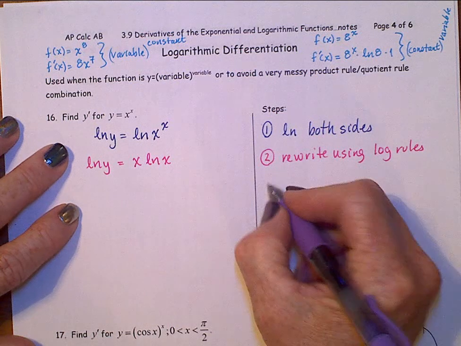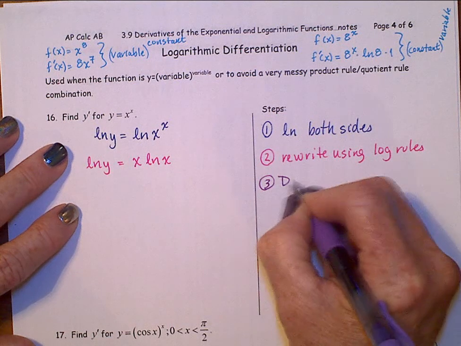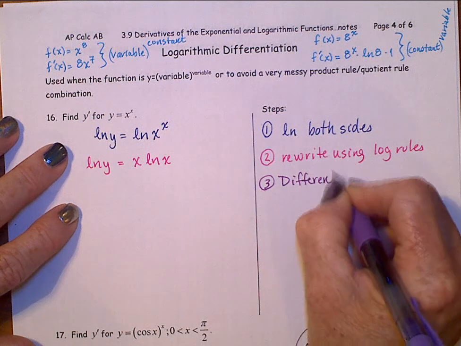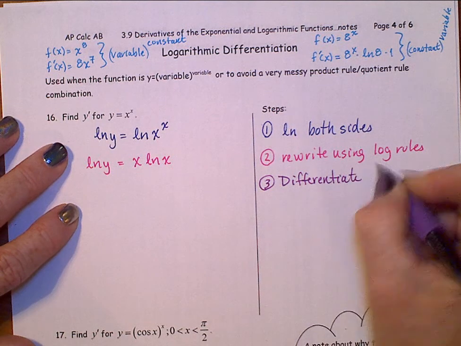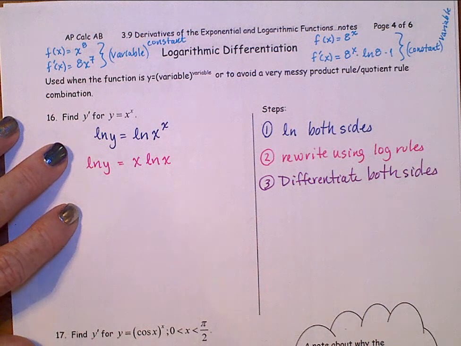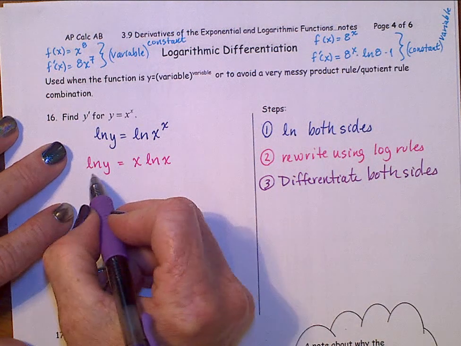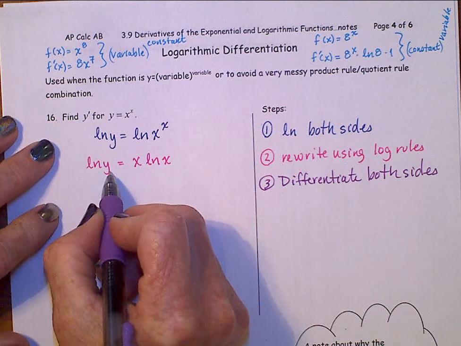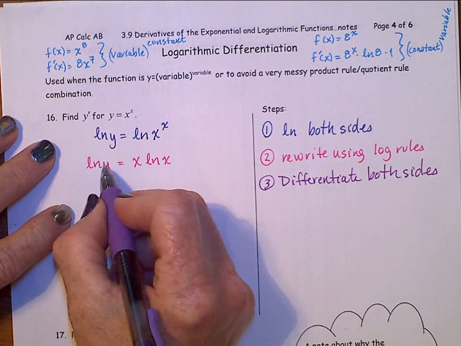Now let's differentiate both sides. And the derivative of a natural log y, that's like f of x in here, don't forget.